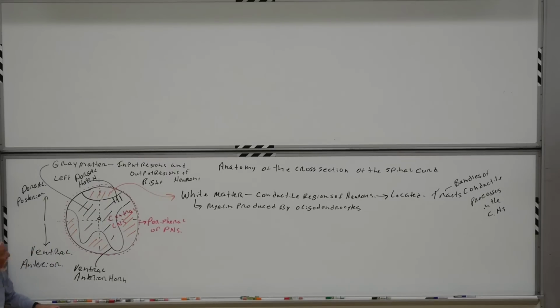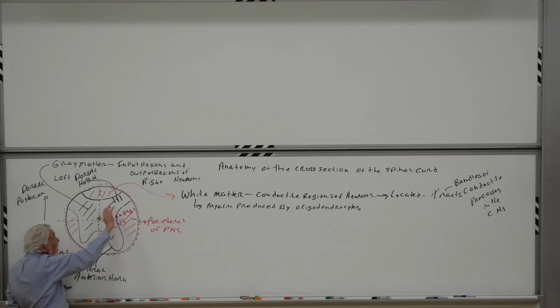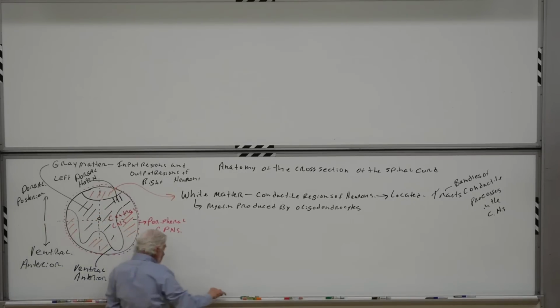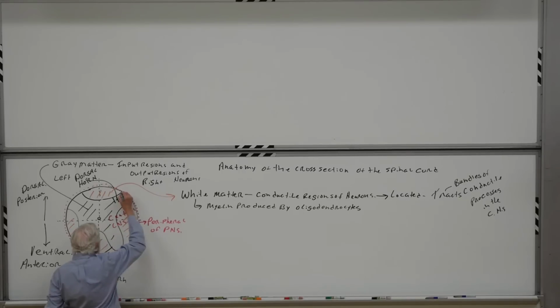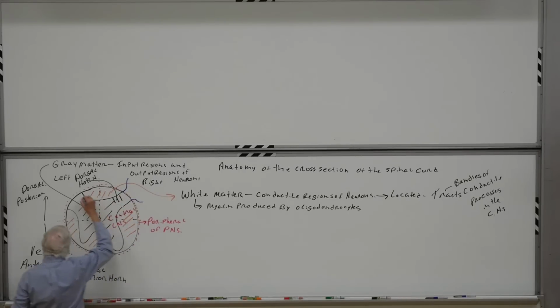But now we have divided the region of the spinal cord into the central portion into the white matter and the gray matter. But the gray matter up here actually extends out into the periphery. And this is true on both sides.